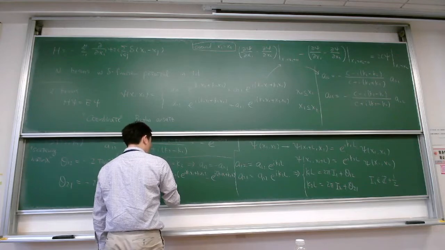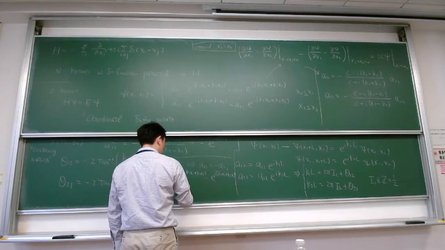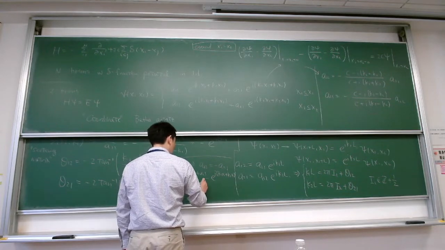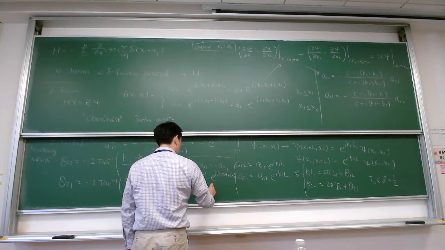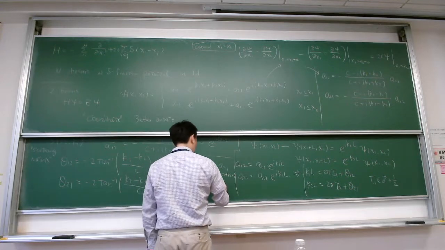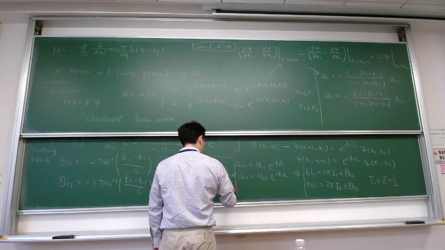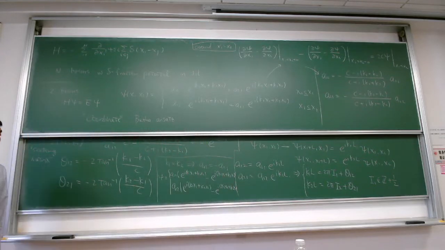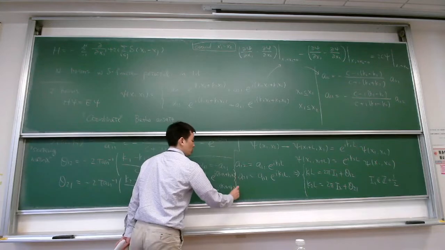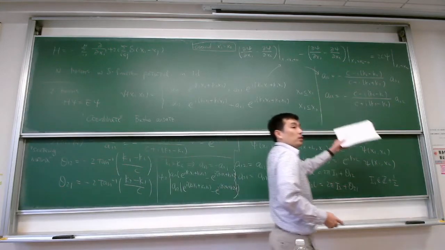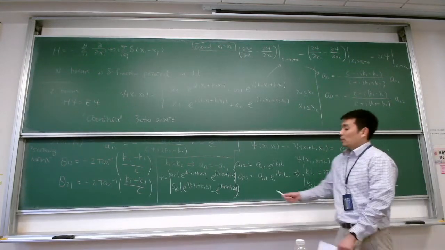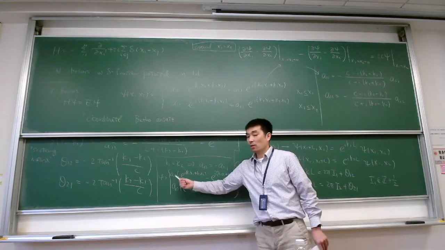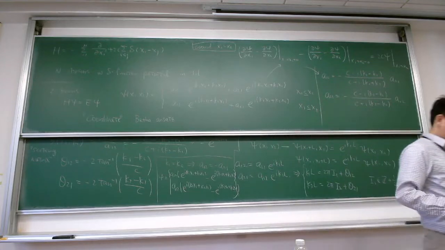And on the other hand, if you go to the opposite region, you have e to the i (k1 x2 plus k2 x1) minus e to the i (k1 x1 plus k2 x2). Then they should coincide at x1 equal to x2, and since they are related by a minus sign, they should vanish. So A12 should vanish.